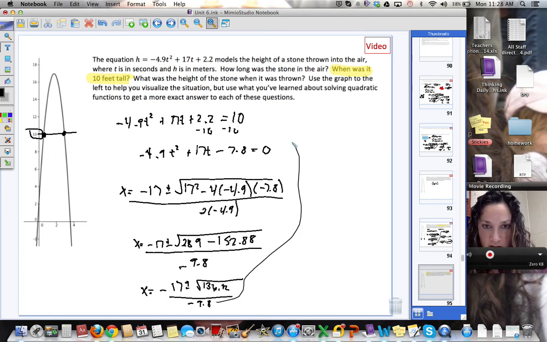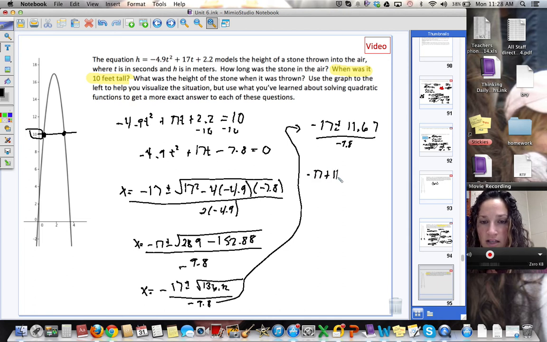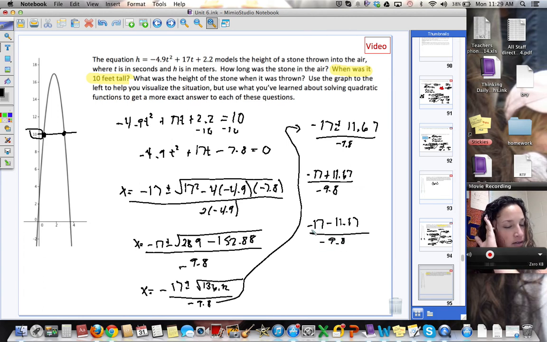And again, I'm going to come up here now. So then I'm going to have negative 17 plus or minus 11.67 all over negative 9.8. Let's put a point. So negative 17 plus 11.67 over negative 9.8, and negative 17 minus 11.67 all over negative 9.8. And when you do the math, let's see, 11.67 divided by 9.8.